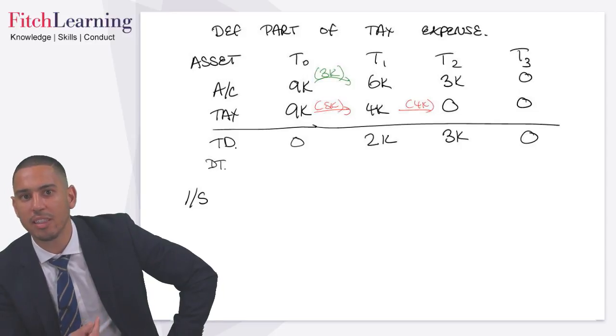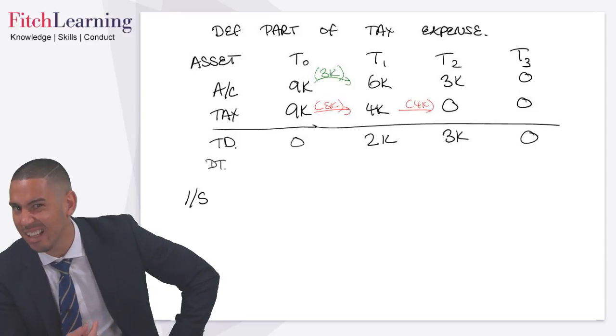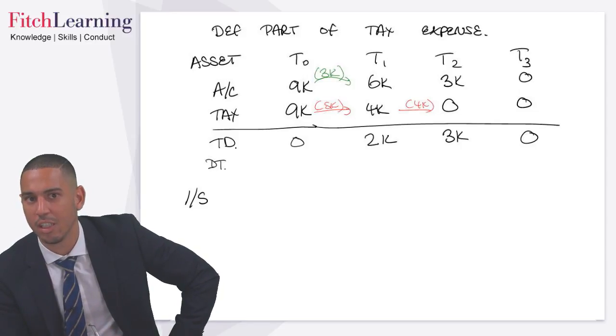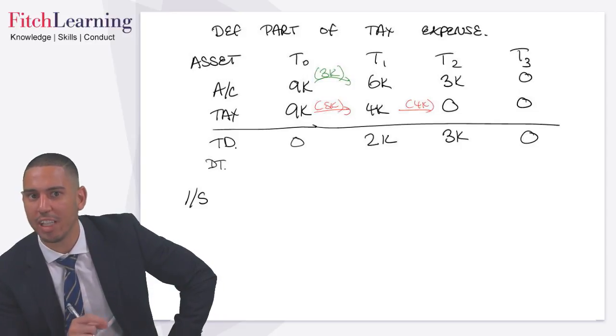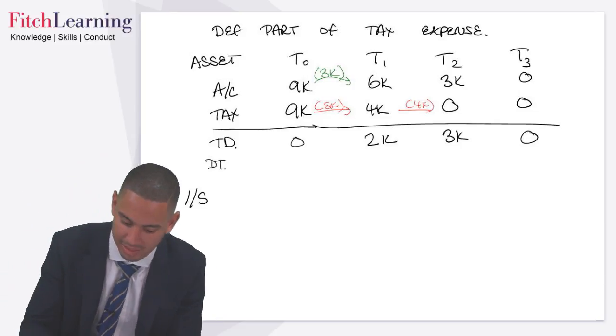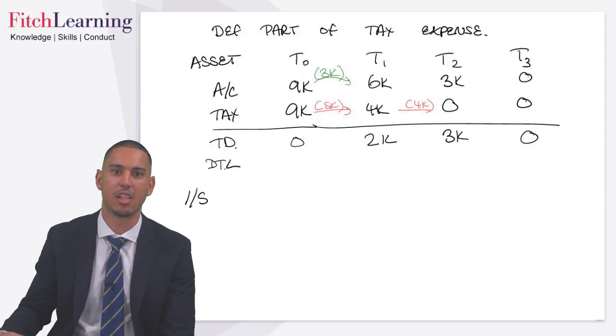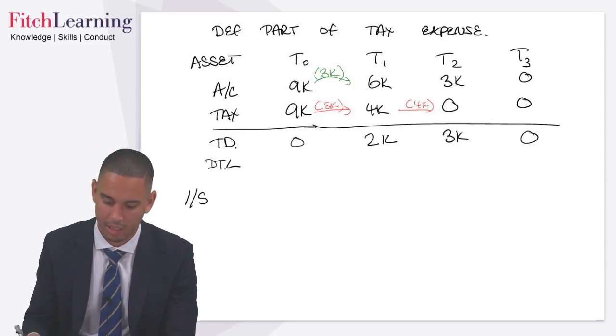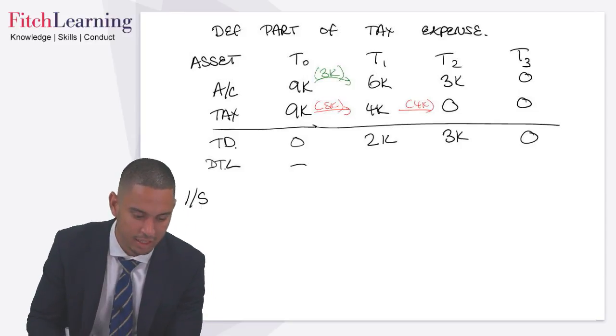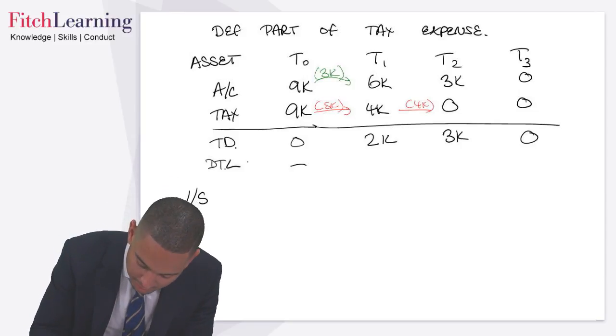And my deferred tax is going to be an asset or a liability. Hopefully you are all thinking in your head, this is going to be a liability. I've got a positive temporary difference, and therefore this is going to be a liability. Well, it's nothing in the first year. I've got a tax rate of 40%.